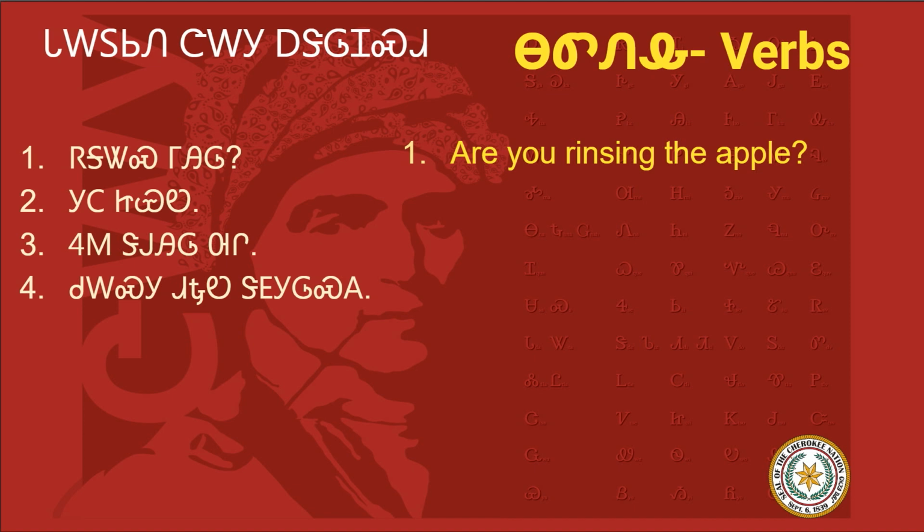Use your syllabary chart if you need to. Okay, let's try this first word. Gi, tli, git, or gitli. Ji, ya, won't. Okay, gitli, ji ya won't.